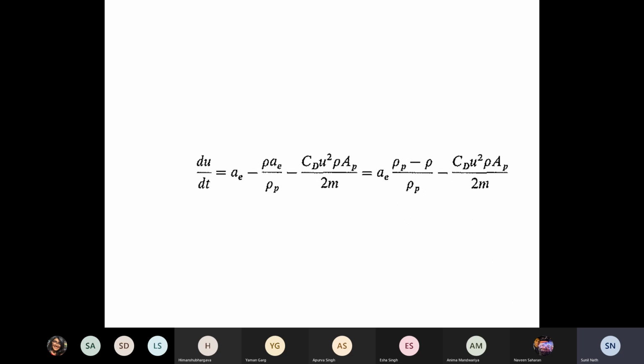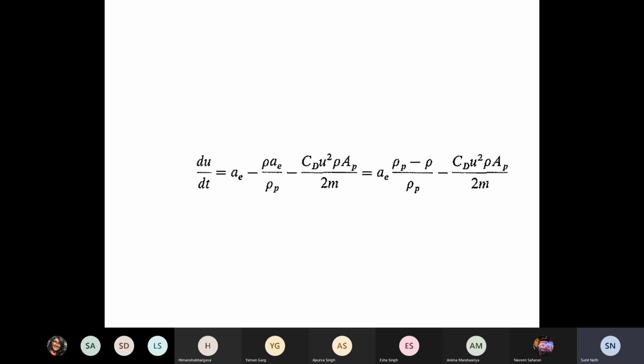Now, in this expression, have you made any assumption that it is a cylinder or a sphere? Not at all. This is a very general expression. There is no shape dependence in this. Of course, CD itself will be different for different geometries, that we accept.